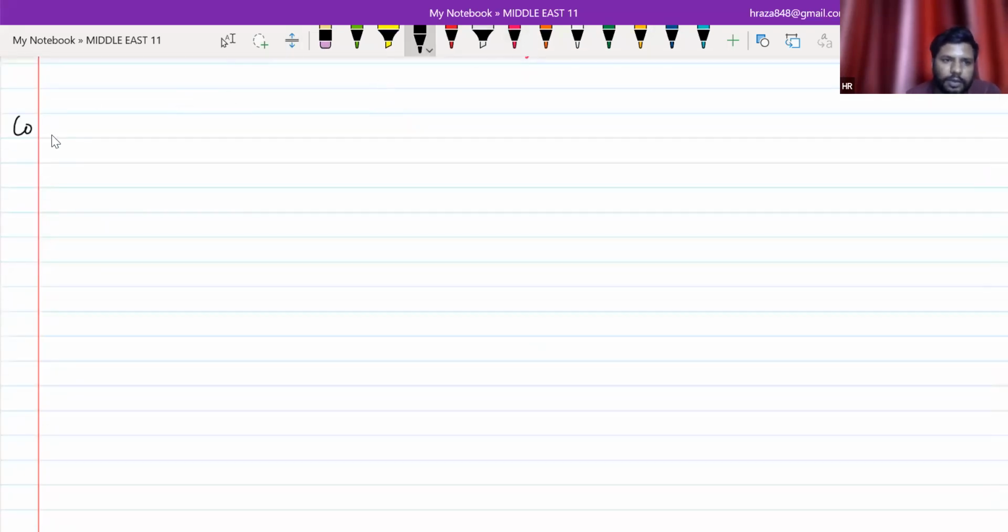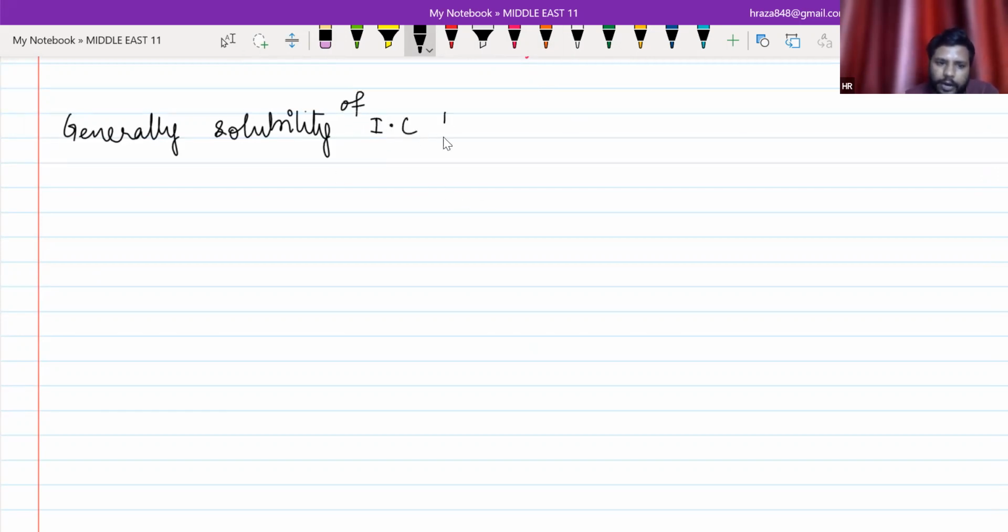Now, the conclusion about solubility, which is very important to compare. Generally, we are talking about generally, there will be exceptions also. Generally, the solubility of ionic compounds decreases from top to bottom.